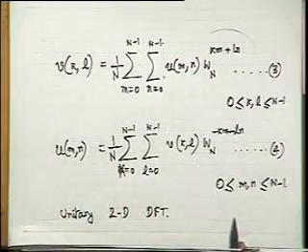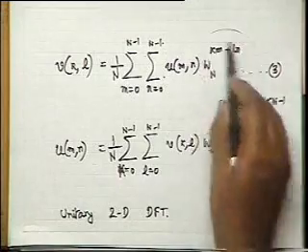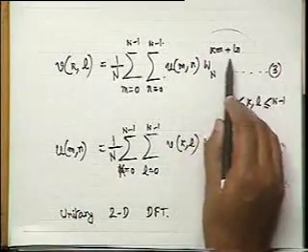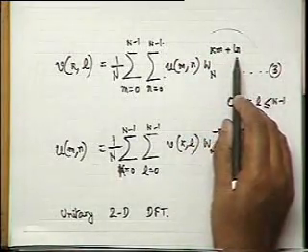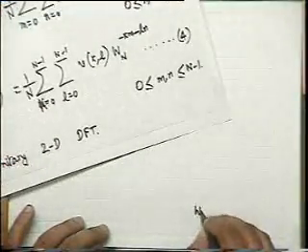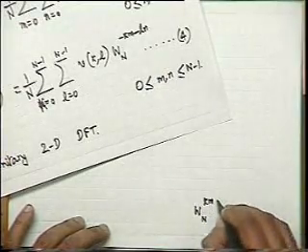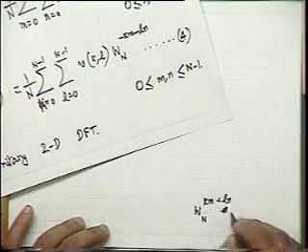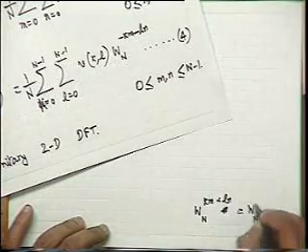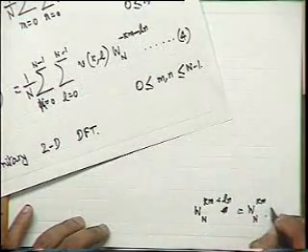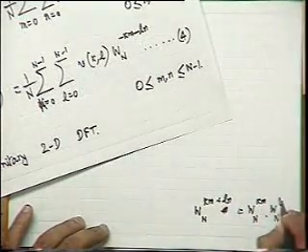Now, this W_N to the power Km plus Ln which I got, I am just separating out into two terms. I had W to the base N Km plus Ln, and this I will write as W_N to the power Km multiplied by W_N to the power Ln.